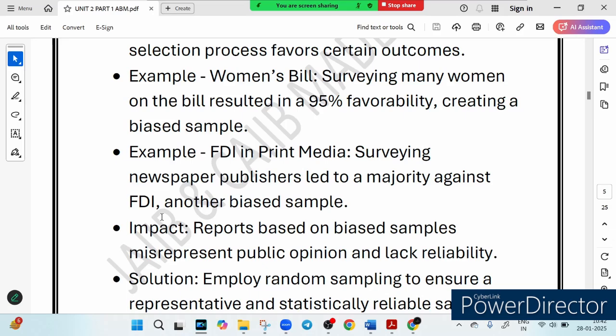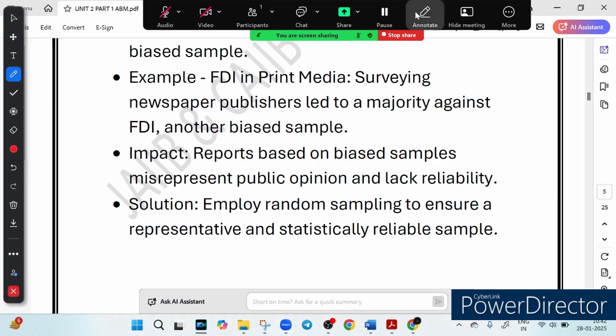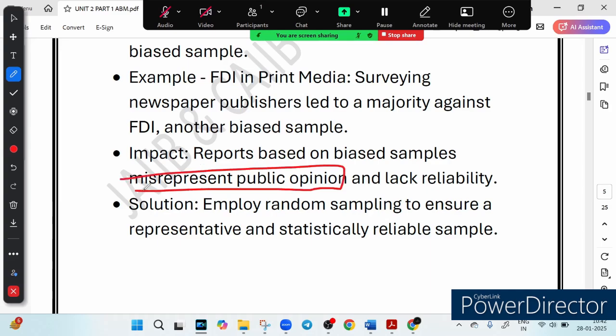Again, this is a biased sample that does not reflect public opinion. Friends, the problem with biased samples is that they misrepresent reality and produce unreliable results. If decisions are based on such reports, they are likely to go wrong, isn't it?